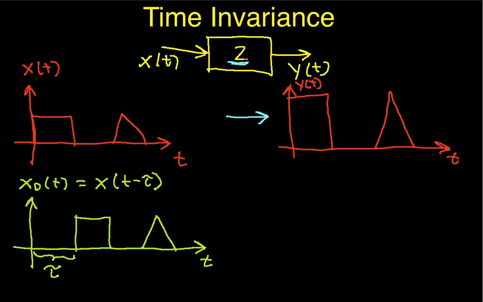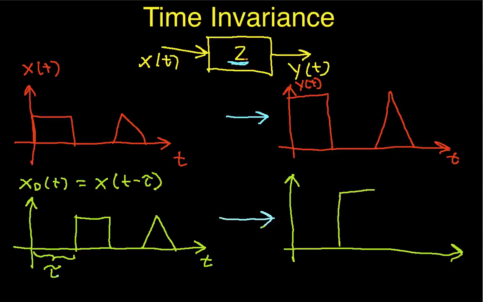Now, if I look at what comes out when I delay the input, in this particular case, I'm going to get something that looks like this, where I have my delayed input, which is multiplied by 2, so this is what I'm going to call y sub d of t.